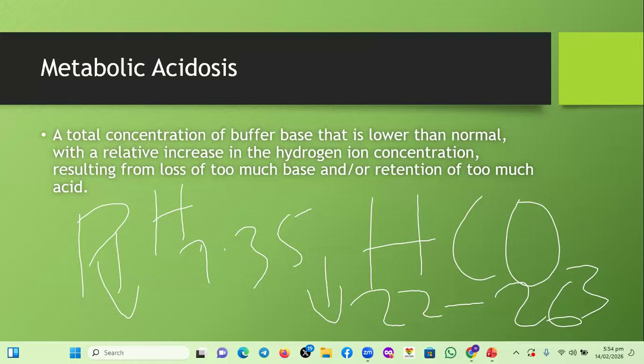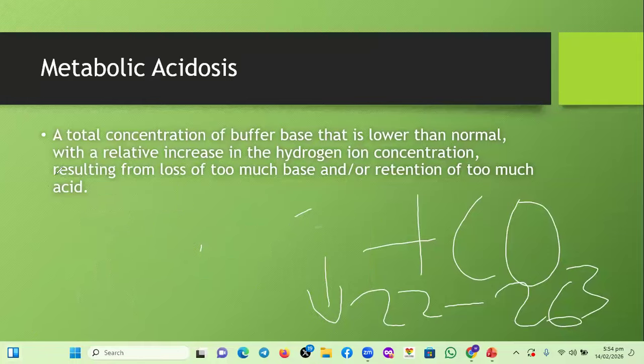So it could be as a result of a GI problem that is causing the person to have excess acid or excess hydrogen ion, or it could be as a result of the kidneys, because those are the two main organs that mostly lead to metabolic acidosis. That's why I'm mentioning kidneys and the GI system. Okay, and so these are the scenarios where you expect someone to experience what you call metabolic acidosis.